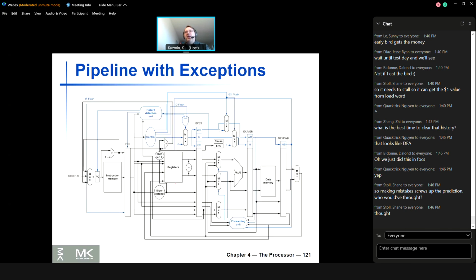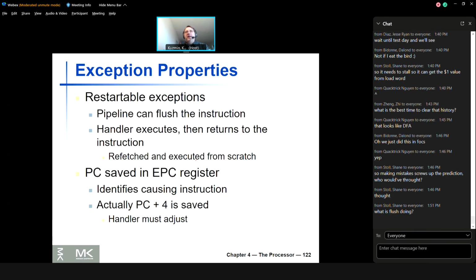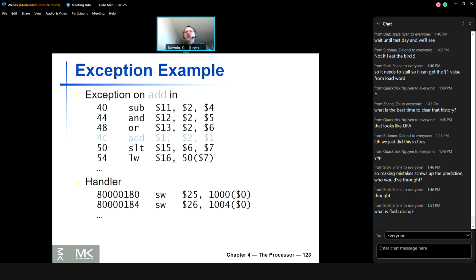And this is just the pipeline with exceptions. So you see that there's just a little additional added here. So this is the handler address, and that's it. No other major changes. All right, and here is an example.